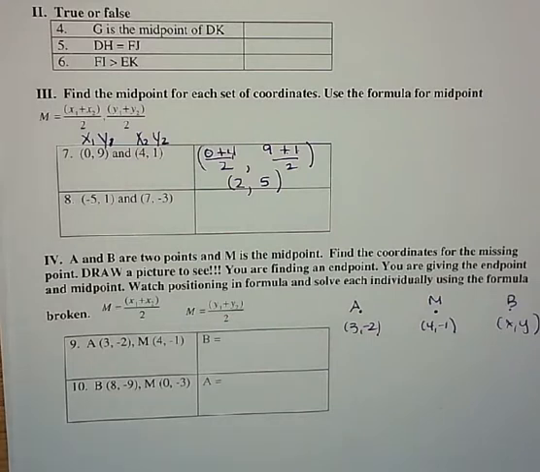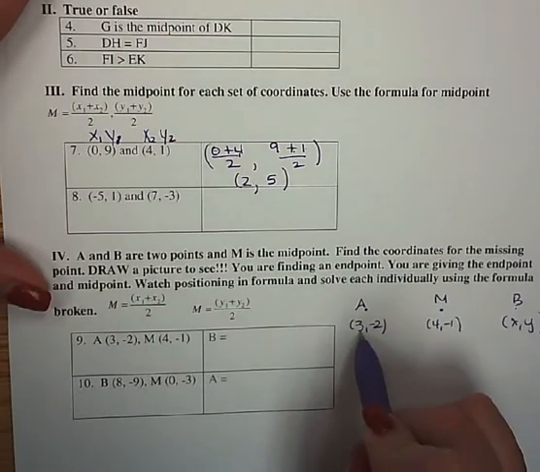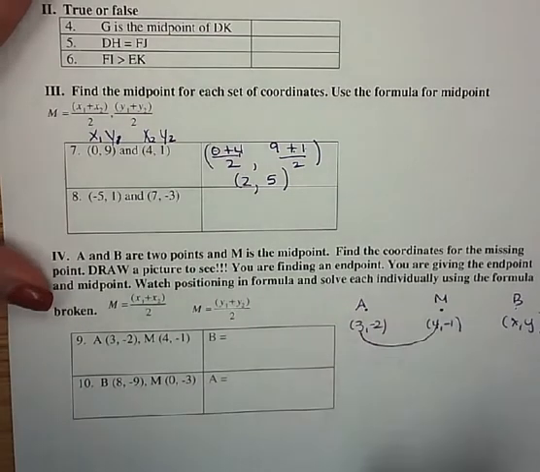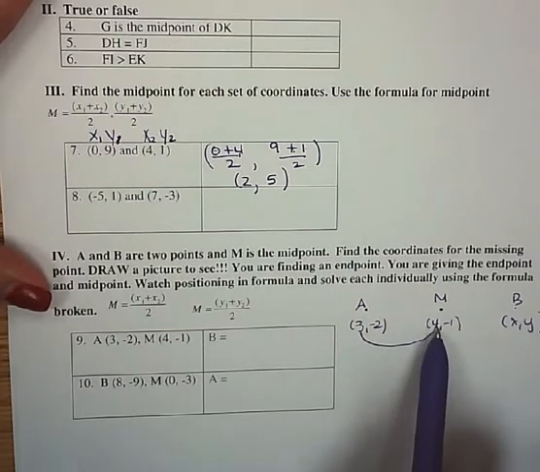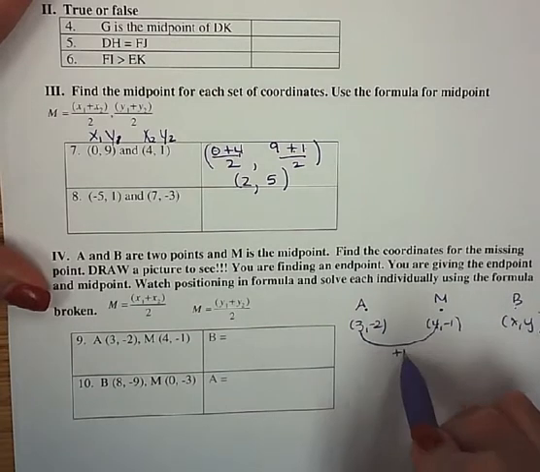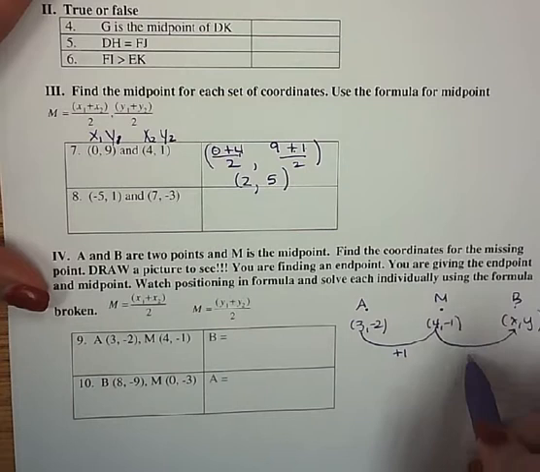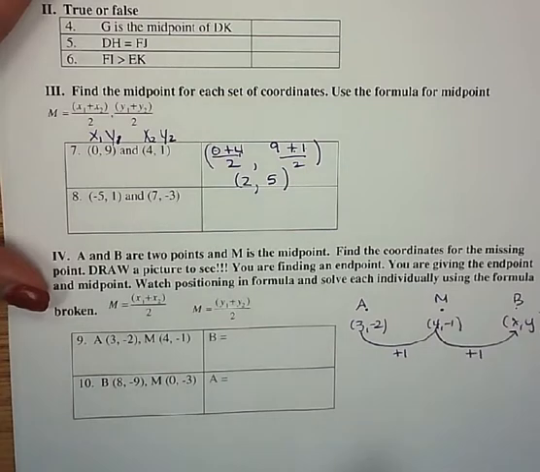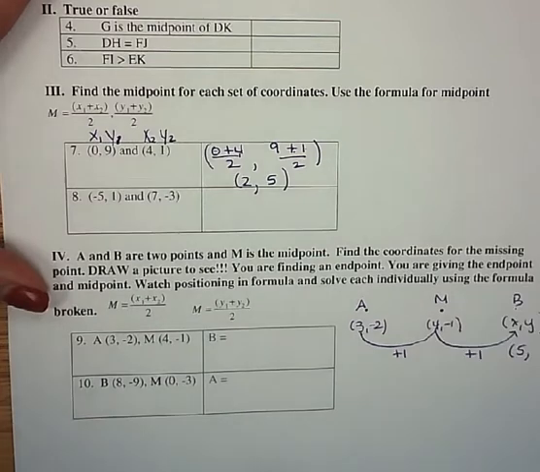Therefore, I need to see how far I must go to go from my x to my other x. If I start at 3 and I'm going to 4, I add 1 because 3 plus 1 is 4. That means to go from 4 to this unknown x, I have to do the same thing. So 4 plus 1 means my x in my new location is 5.